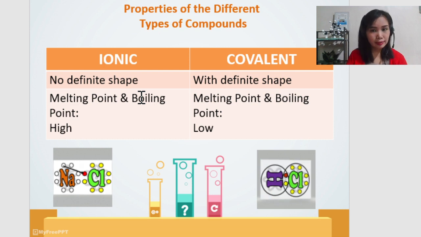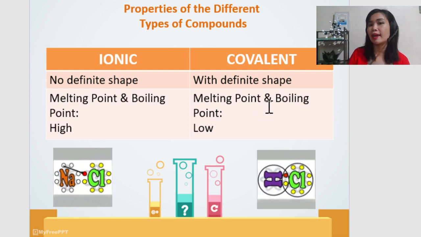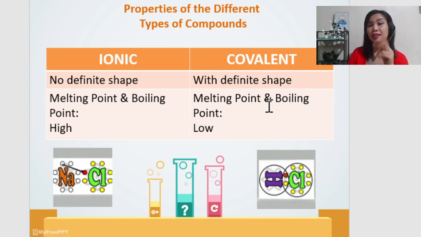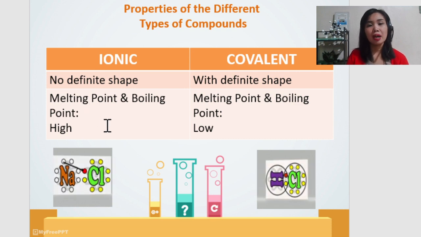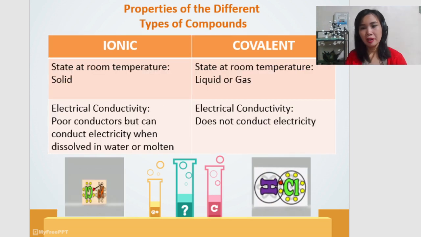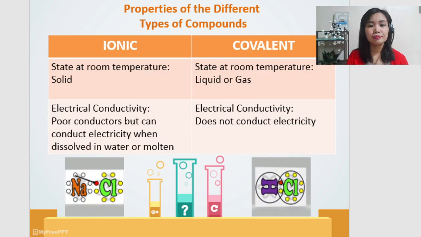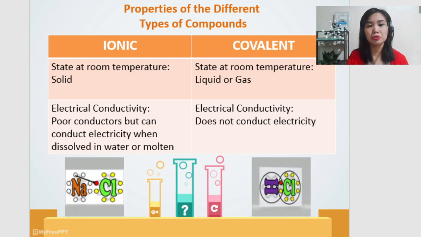Okay, kay ionic, they have no definite shape. But unlike kay covalent, they have a definite shape. Yung kanina, yung kay benzene ring, right? And of course, in terms of the melting point and boiling point, ionic, what? High, while the covalent, low. Okay. For the state at room temperature, ionic, mostly of them are solid, while covalent, they are liquid or gas.